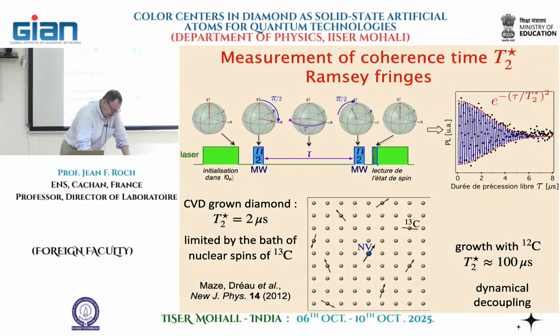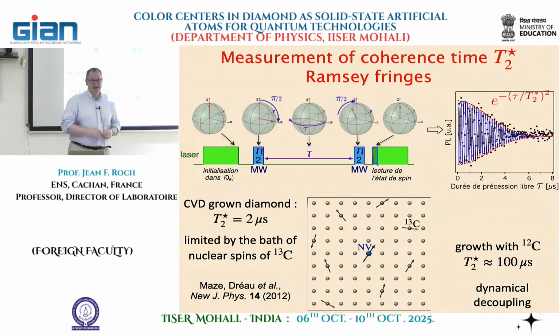There are fringes at approximately the Larmor frequency, and at the same time there is a decay. The decay is associated to the fact that all these spins see slightly different effective magnetic fields, and this induces the decrease of the signal on a time scale of T2 star.